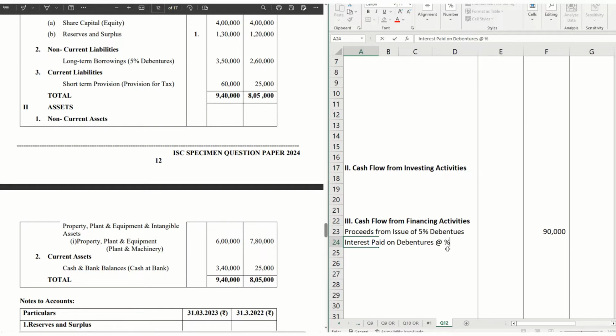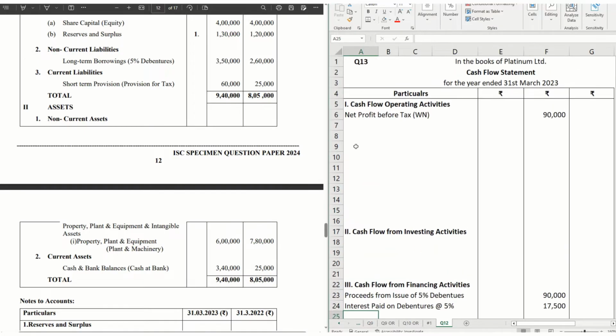At the rate 5%. So that will be 3,50,000 into 0.05, 17,500. This becomes part of your non-cash and non-operating item as well. So write down here, after net profit, we have adjustment for non-cash and non-operating items.